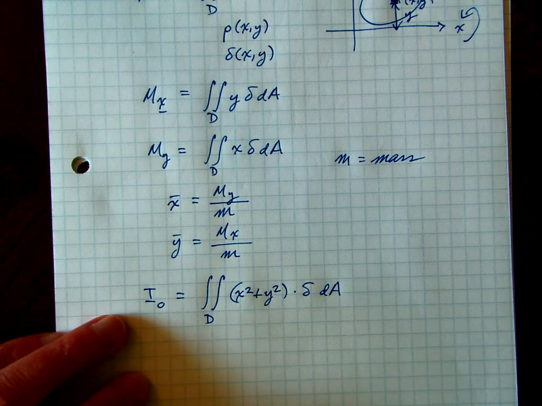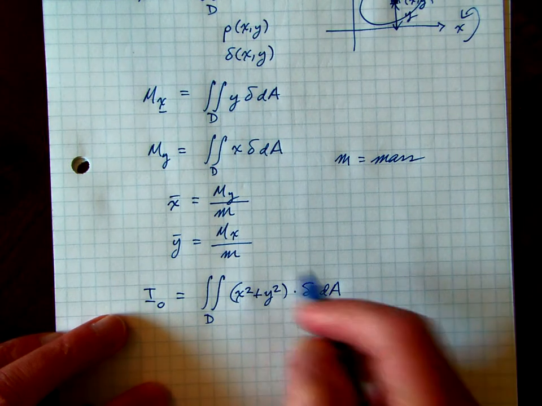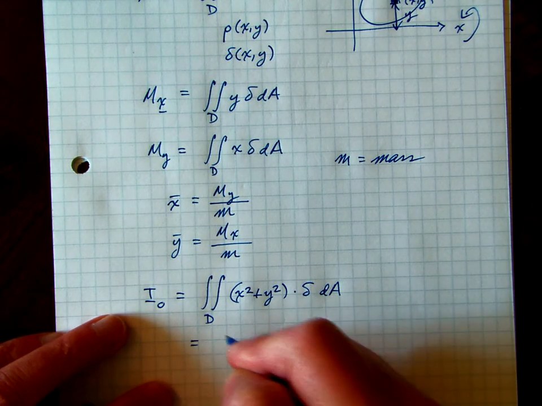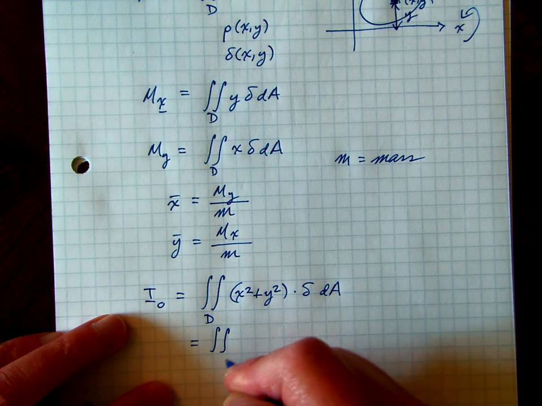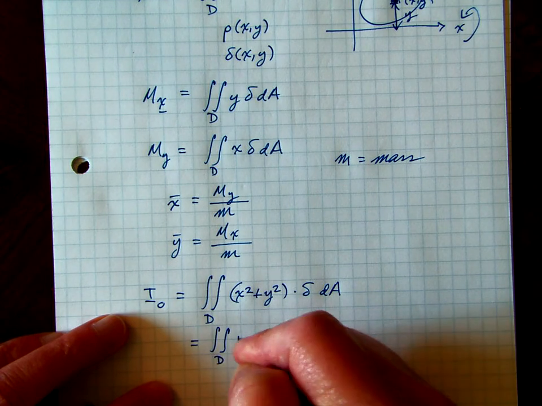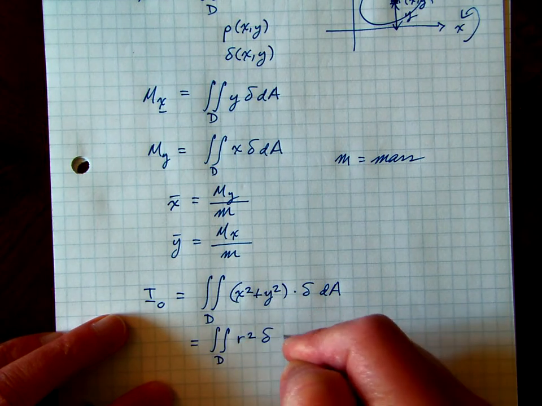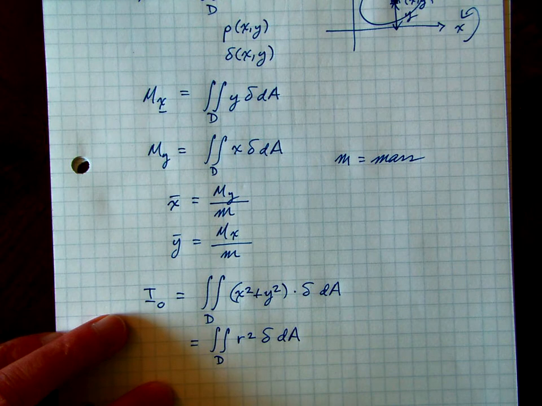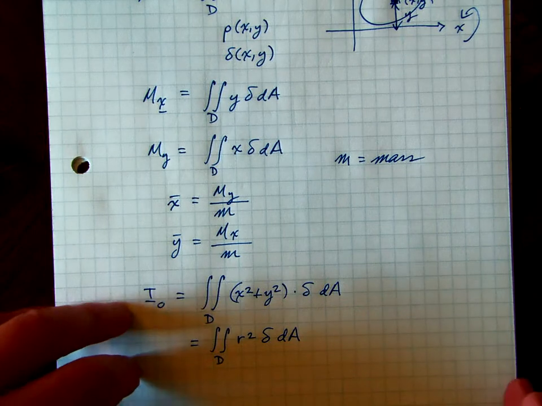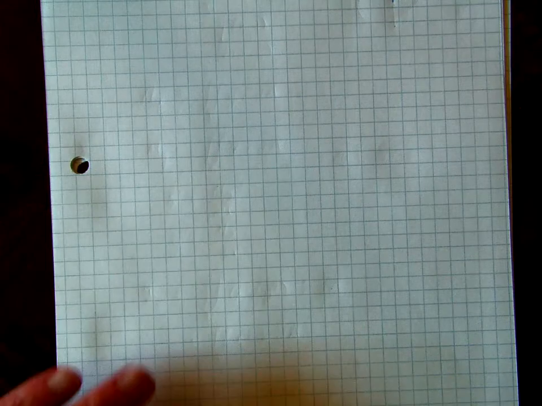You'll notice something right away. This guy right here, x squared plus y squared, we totally want to do this in polar coordinates whenever possible, because x squared plus y squared is r squared, and this is usually the way we like to compute these.